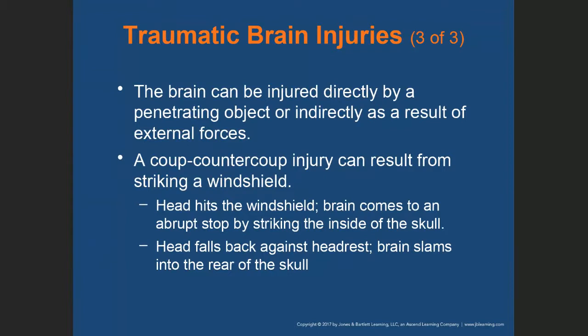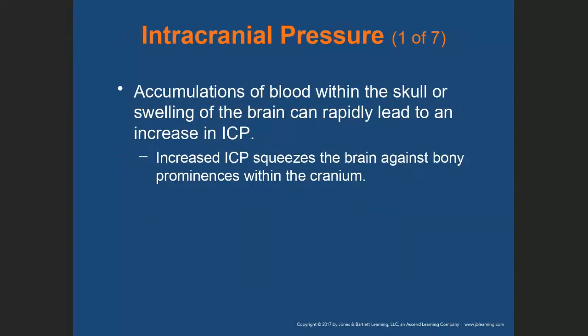A coup contrecoup injury can result from striking a windshield. So the head hits the windshield, resulting in an anterior injury, and when the head goes back and hits the headrest, you get the posterior injury. So the brain is slammed into the inner, anterior, and posterior portions of the skull. That's coup contrecoup.